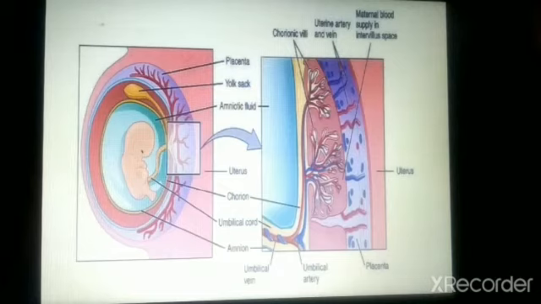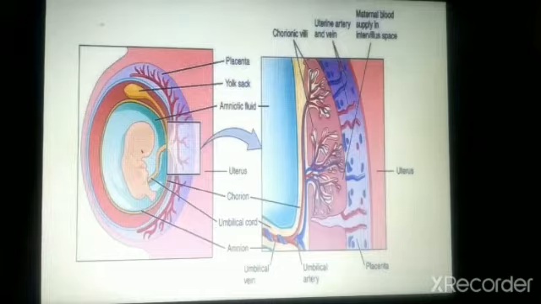Actually, student, after implantation, finger-like projections appear on the trophoblast, called chorionic villi, which are surrounded by the uterine tissue and maternal blood.